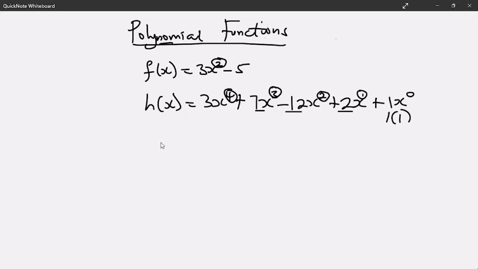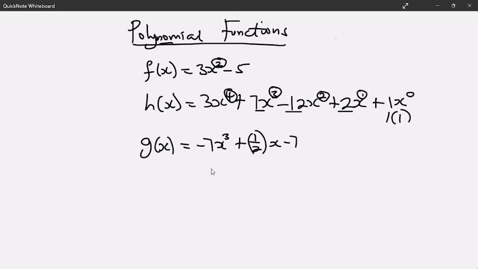Now, we can also have a polynomial function written in this way. g of x equals negative 7x exponent 3 plus 1 on 2 x minus 7. This is also a typical example of a polynomial function.